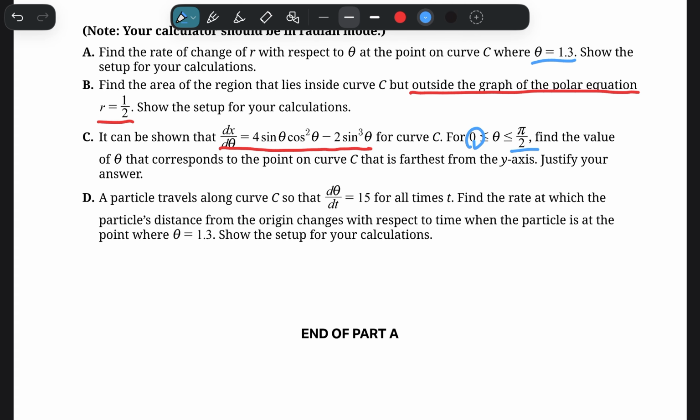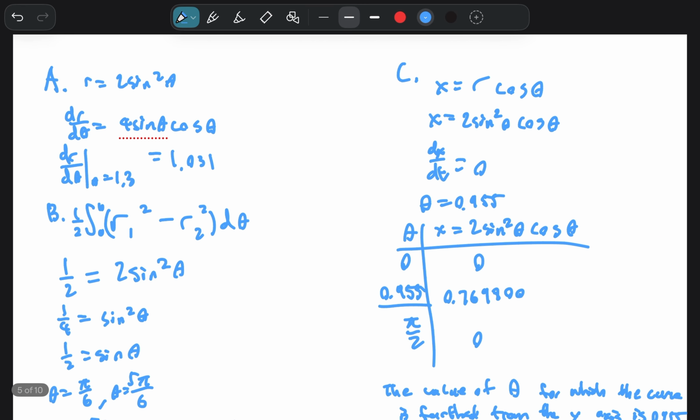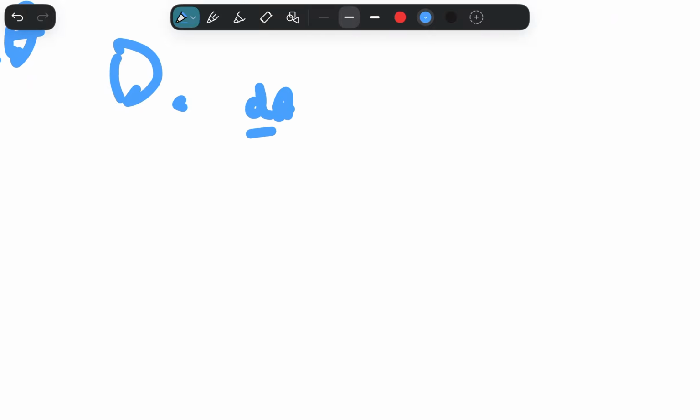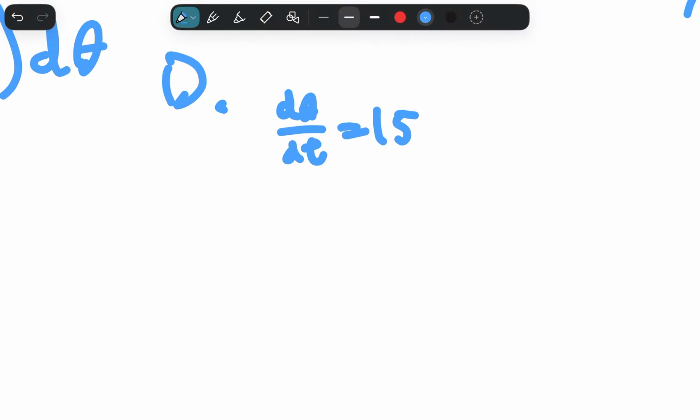Now this is a chain rule problem. So let's map out what we're given first. We're given dθ/dt is equal to 15. And you're asking for the rate at which the particle's distance from the origin changes.